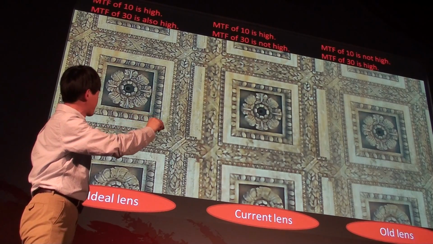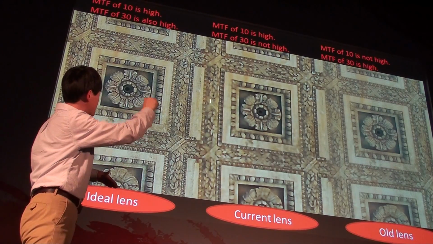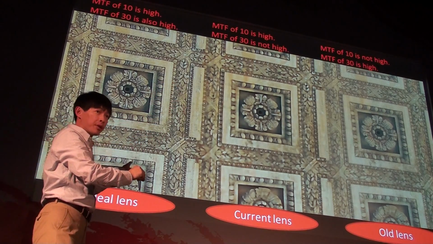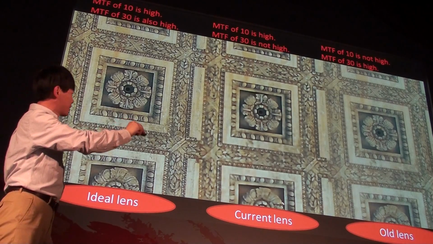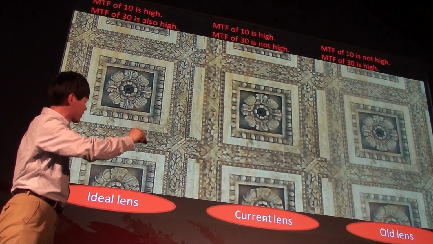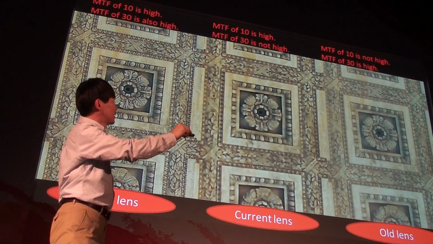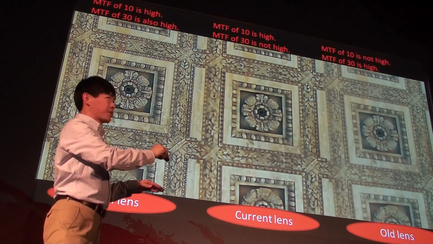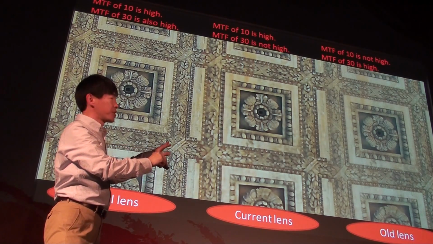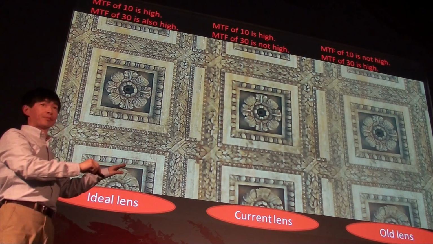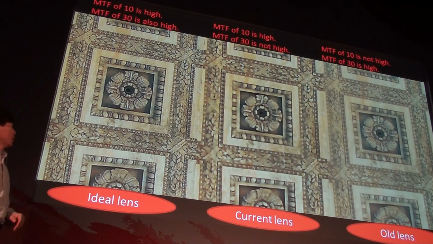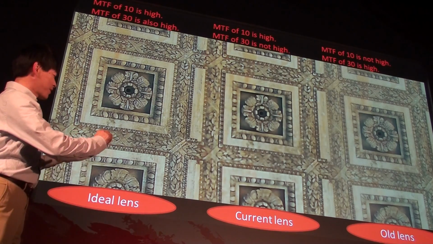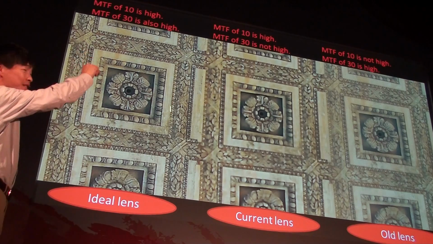The center image, the detail is not good, like this. But the impression is good. So this image is the current lens. And the right one shows the old lens, because this image is not clear. So in our new lens, we try to make it like this.